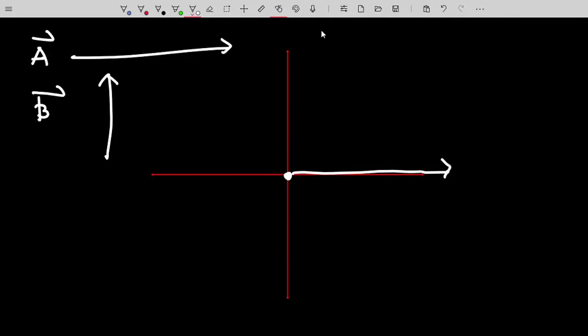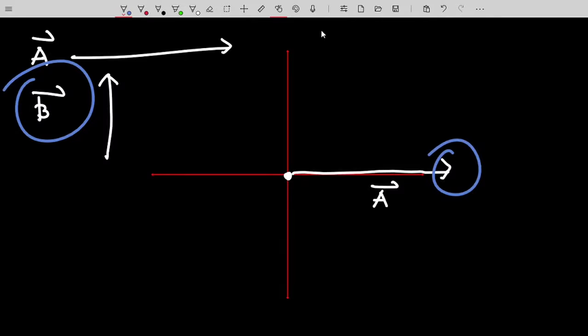Then this will be our vector A. I want you also to remember that this is the head of your vector and this is the tail of your vector. The second thing to do is to add the second vector, which is your vector B, starting from the head of your vector A.